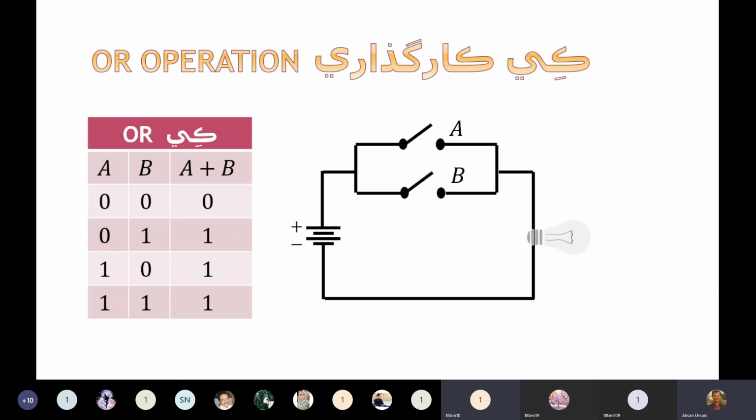Why are they in parallel? The current can be divided. They provide a parallel path to the current, in such a way that even if any one of them is closed, current will find its path.